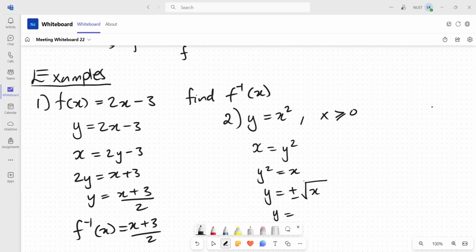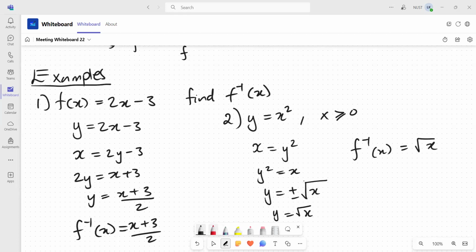So y equals the square root of x. So here we say f inverse of x equals the square root of x. That's for this one.